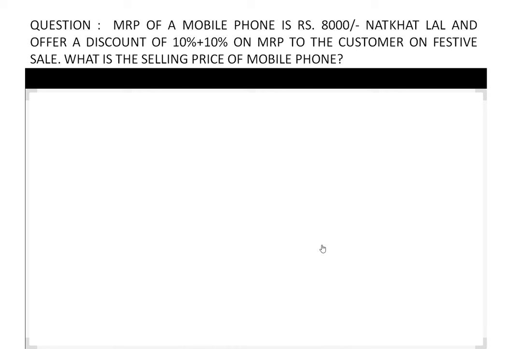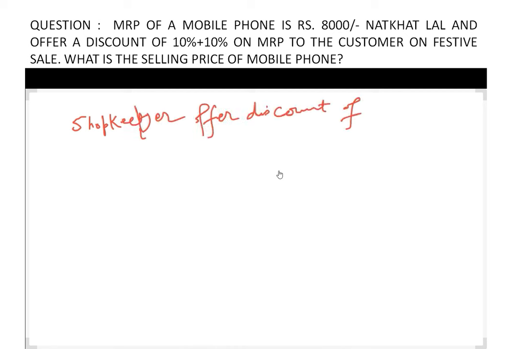So let's solve this problem. Here the first discount is 10%. As I told you in the earlier question, first write the discount in fractional form. So write 10% in fractional form. It will be 1 by 10.